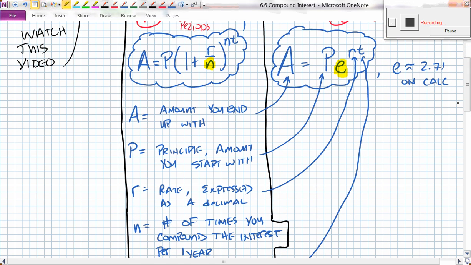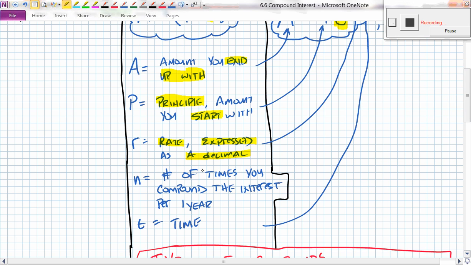So here's what all these things mean. A is the amount you end up with, how much you get when it's all said and done. P is the principal, the amount that you start with, however much you've got right now to put in the bank. R is your rate, and it's always expressed as a decimal. N is the number of times you compound the interest per year.